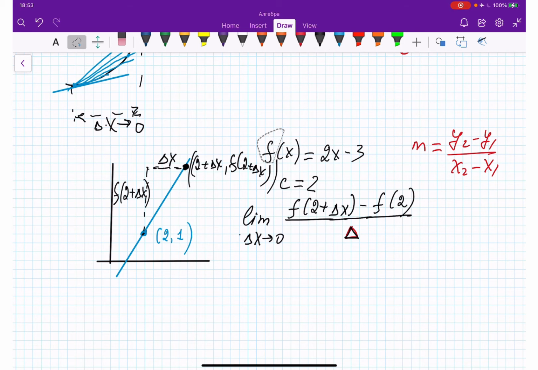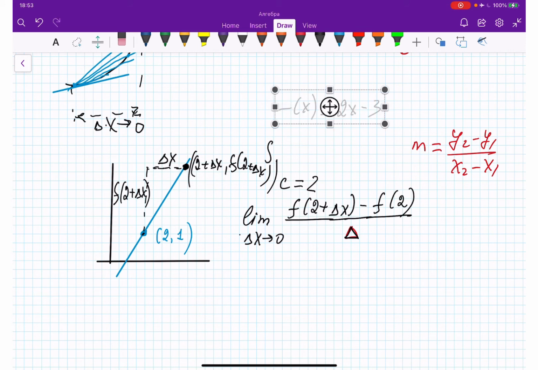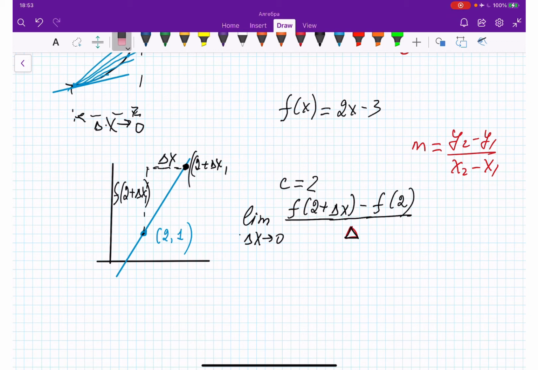Let me rewrite this, it's getting messy. 2 plus delta x is our new x, and f of 2 plus delta x is our y.